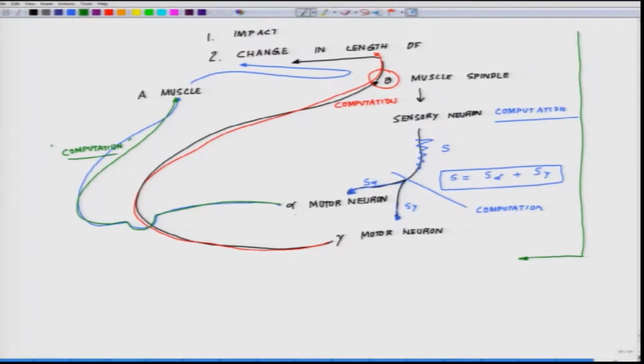There is a mechanical stimulus, which is the impact. This mechanical stimulus is transformed into an electrical stimulus.